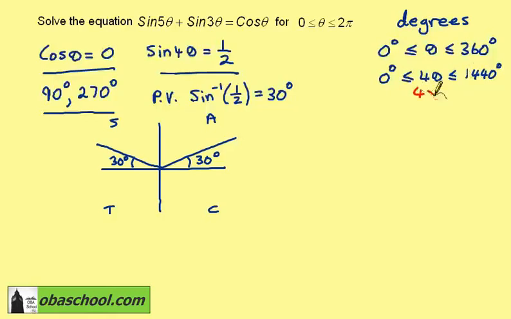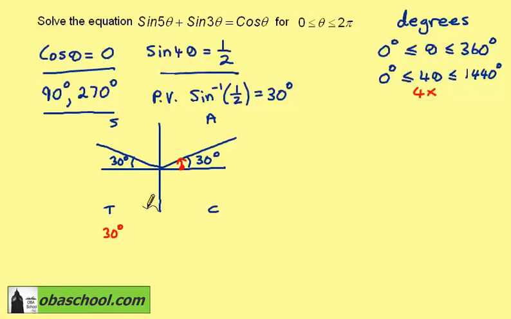Solving in this range is equivalent to going 4 times around the CAST diagram, although there are shortcuts possible. The first solution is at 30 degrees. If we're going around the diagram 4 times, we'll meet this solution 4 times.